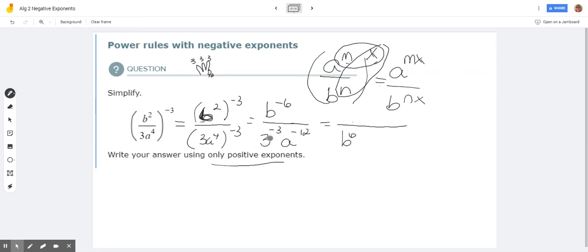But it's to the negative 3, so it's 1 over 27, which means it will eventually pop up there on top. a to the negative 12th means it goes on the top. a to the 12th. And that is your answer right there.